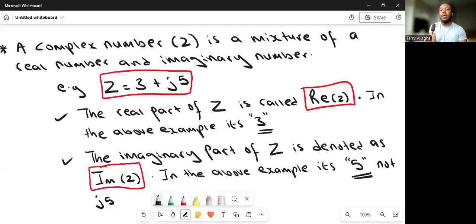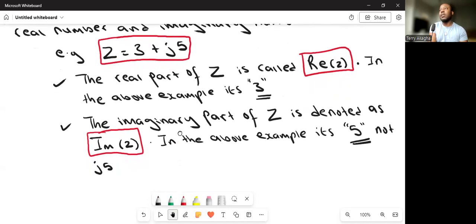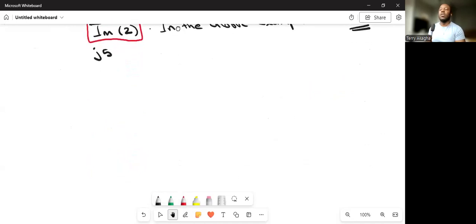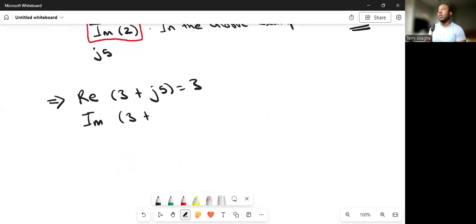So when you're having questions, you need to be very careful to separate the real numbers from the imaginary numbers. So we can now say that the real part of 3 plus J5 is equal to 3, while the imaginary part of 3 plus J5 is equal to 5.